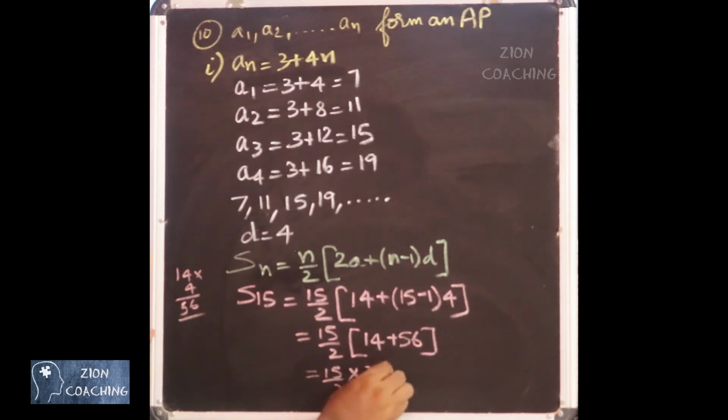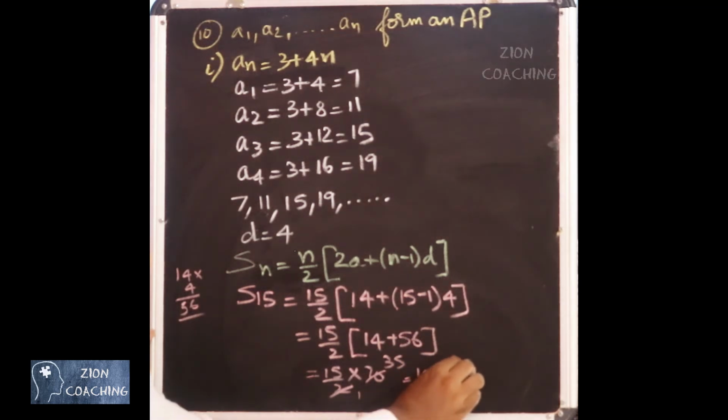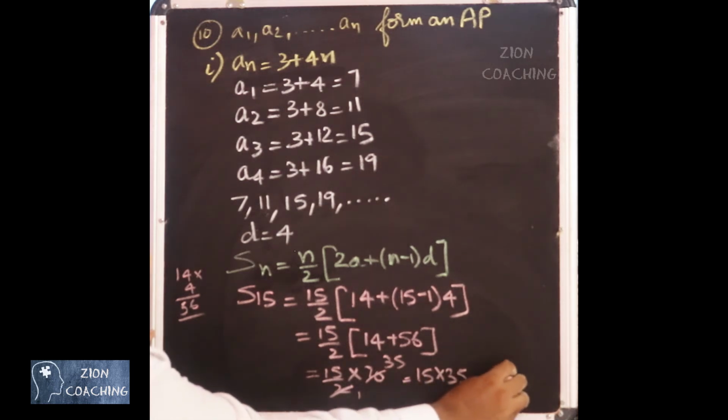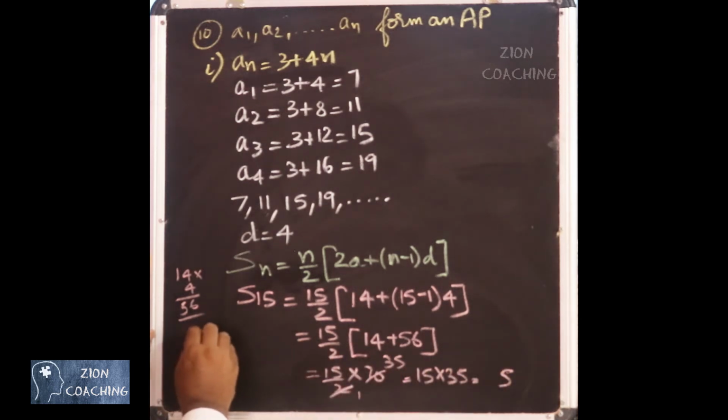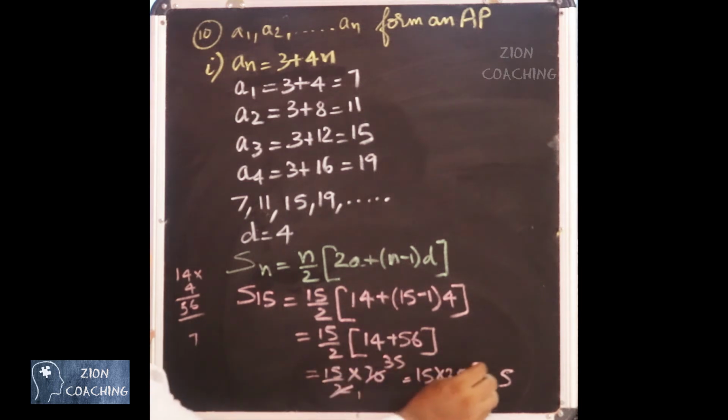When you divide, it is 35 times. So the answer is going to be 15 into 35. We have 5 15s are 75. So 5 carry 7. 3 15s are 45. 45 plus 7 is 52. Sum up to 15 terms is 525.